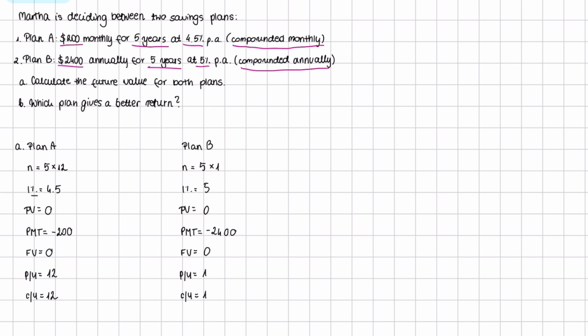Then we have PMT, so minus 2,400. We are looking for future value, so future value is 0, and P/Y and C/Y, they are just 1 because we have compounded annually, so our interest rate, we earn money from our interest rate annually, not monthly but annually, so we leave it as 1.